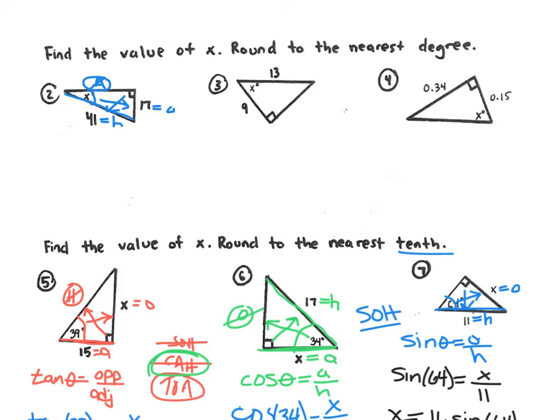If you think of CAH, that has an A in the middle, TOA has an A at the end. So this is going to be a sine. So it's opposite over hypotenuse. So we do the sine of, and we actually don't know the degree, but we do know the other 2 sides, 17 over 41.